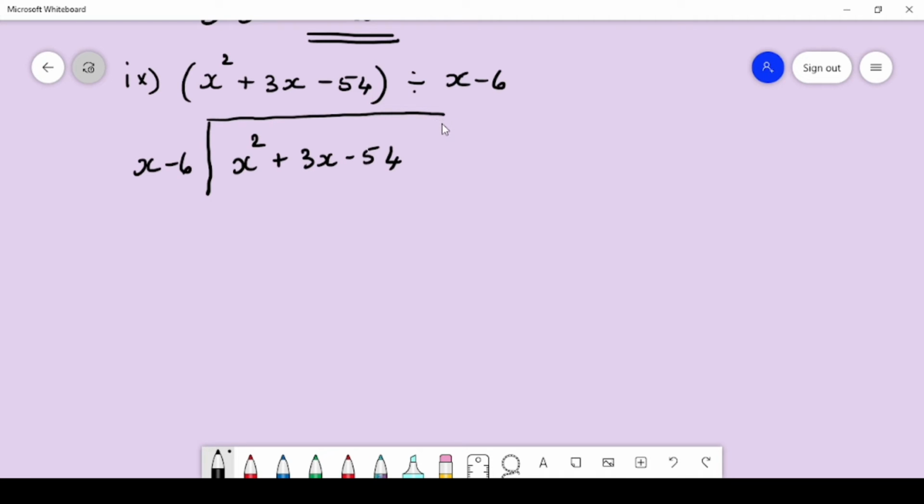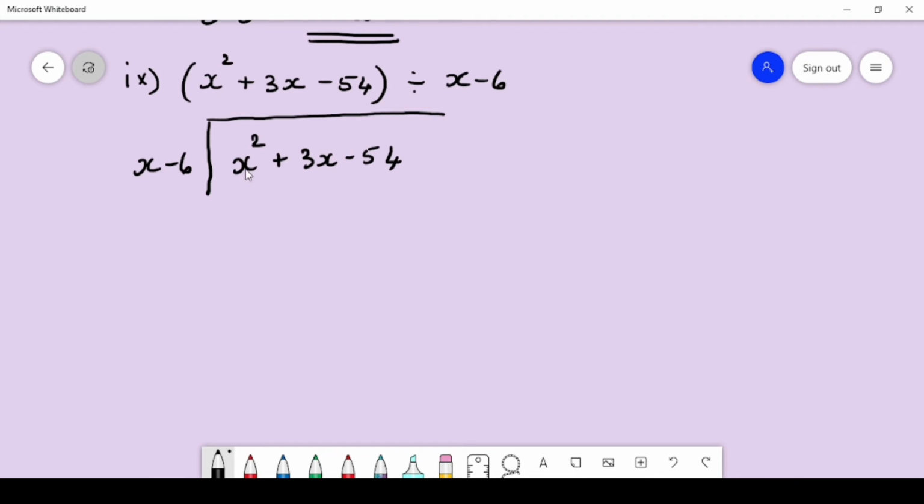Otherwise you can draw one line over here like this, or one semi-arc, and write the quotient over here. Which one is convenient for you, that way you choose. Anyway I am writing the quotient on the top as usual. So here x square plus 3x minus 54 is the dividend and x minus 6 is the divisor.